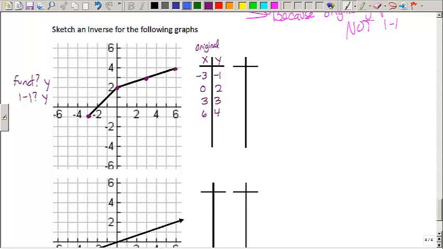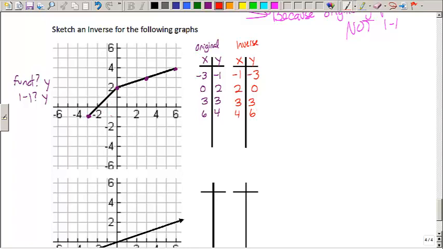Now I'm going to try to graph the inverse. In order to graph the inverse, I'm going to use the step where I interchange my x and my y. My domain becomes my range, and my range becomes my domain. So I have -1, -3, 2, 0, 3, 3, and 4, 6.